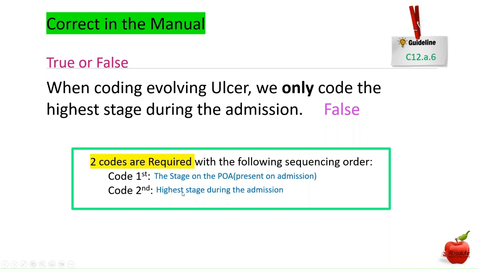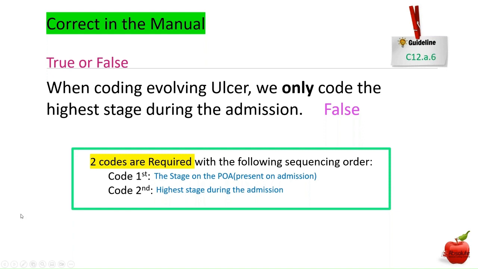So I want to be sure you guys are clear on this. If it's not sequenced this way in your MCG manual, please make this correction, as well as when you tap in your manual, you're jotting this down. Be sure that you sequence first the ulcer stage on admission, followed by the highest stage during the admission.